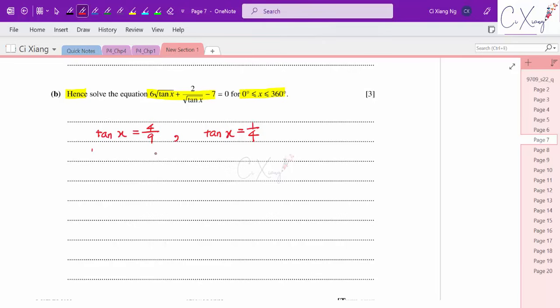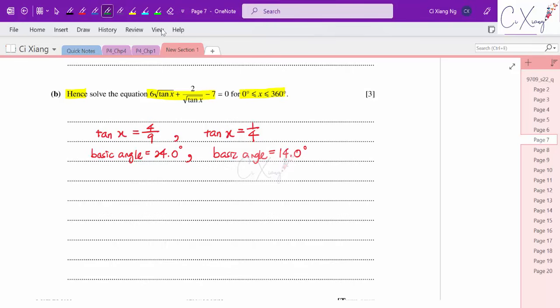To get the value of x, first find the basic angle. For the first equation, the basic angle that we get should be 24. For the second equation, the basic angle should be 14.